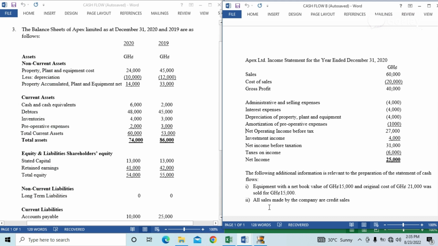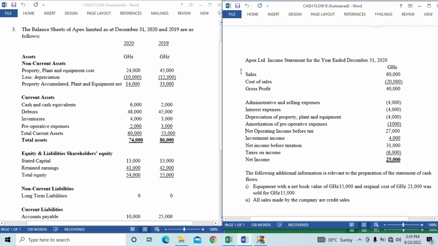So on the right, I have my income statement. So we'll start with whatever way. But mostly when we are preparing the direct method, we start from our customers, because that's where the organization gets money from. So we are going to look at our debtors, which are our customers. So we sell the goods to them.